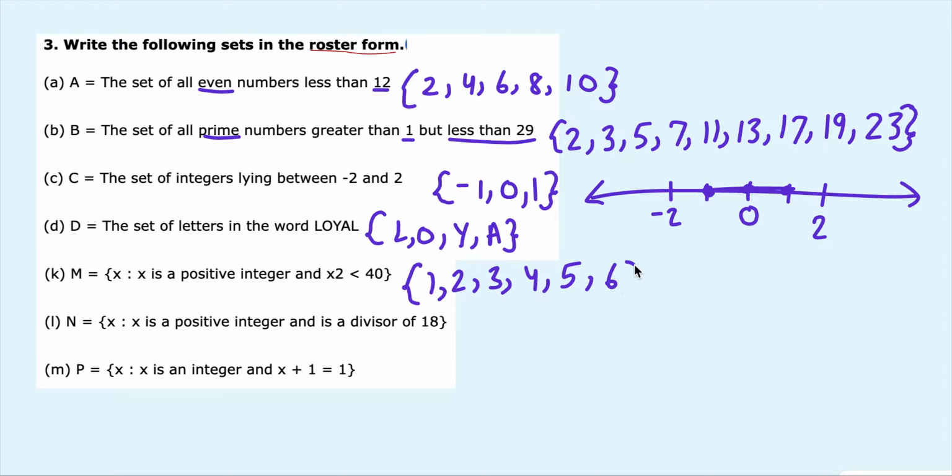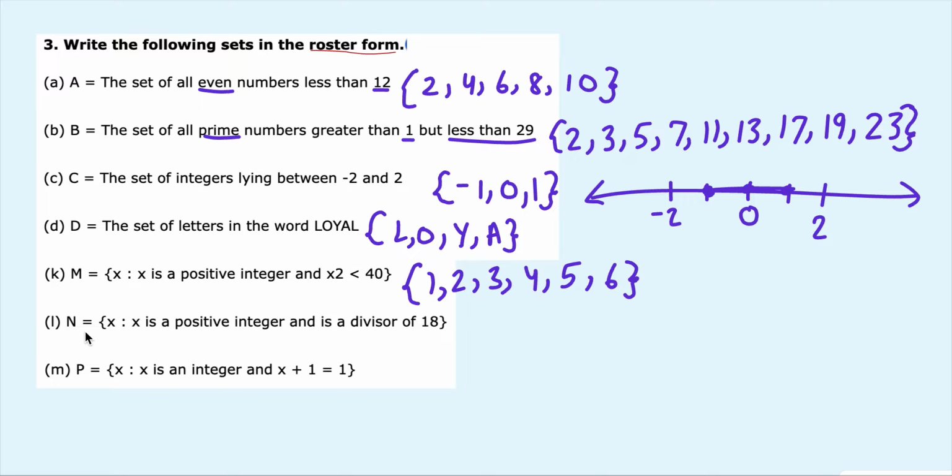Then we put the closing brace. Those are all the positive integers whose x squared is less than 40, because 1 squared is 1, 2 squared is 4, 3 squared 9, 4 squared 16, 5 squared 25, 6 squared 36. So it fulfills our requirements.